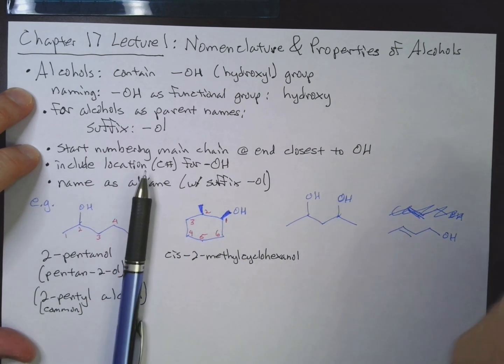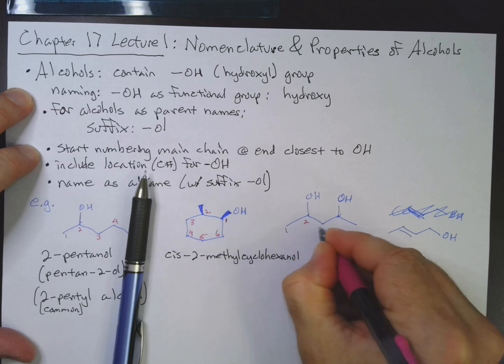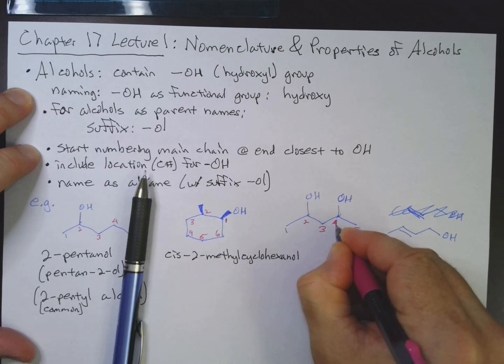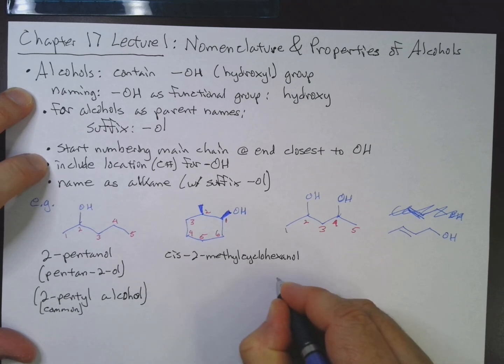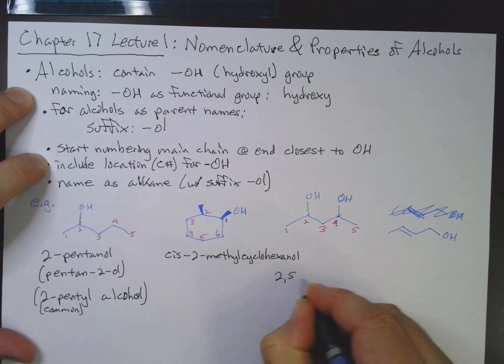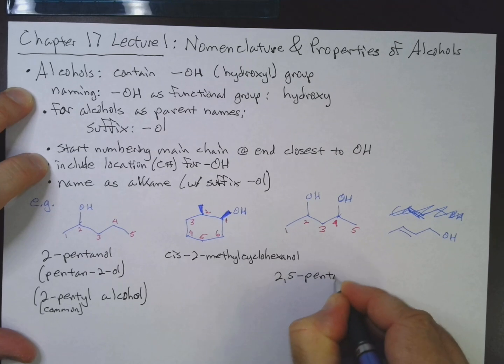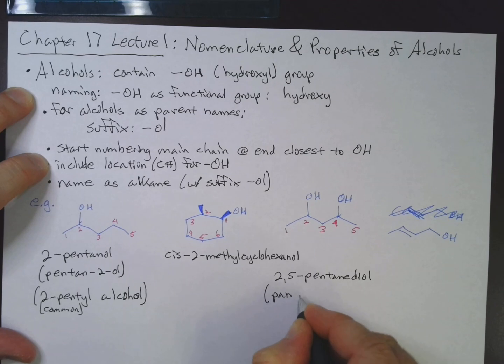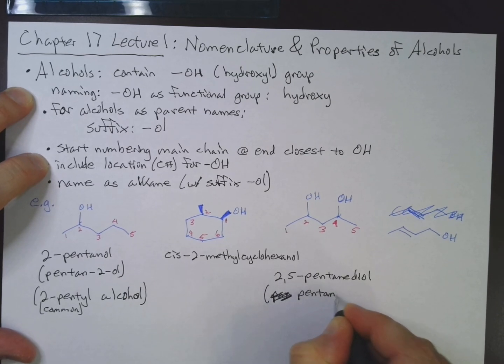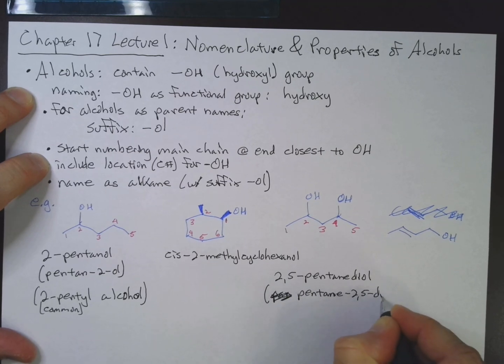All right, and here we've got 1, 2, 3, 4, 5 carbons. You might be tempted to call it 4-hydroxy-2-pentanol, and I suppose you could, but it's better to call it pentane-2,5-diol.